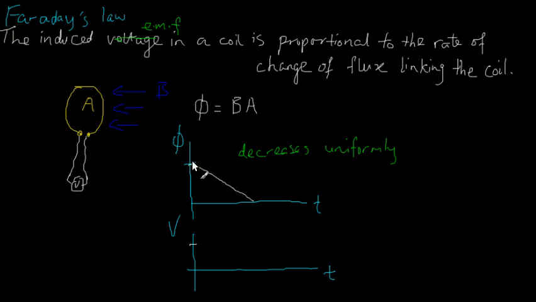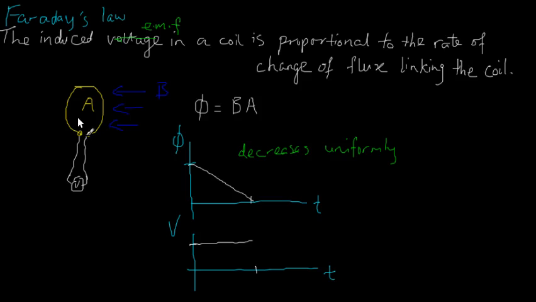So during this time, the voltage induced, or the EMF induced, is constant. It's constant over this time until here. This is how we would understand the connection between the flux and the voltage in this coil.